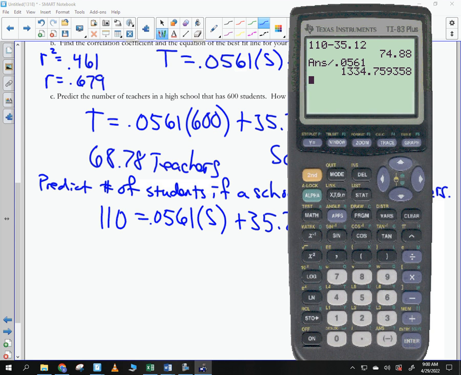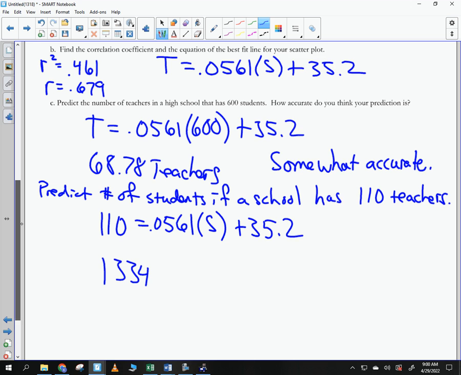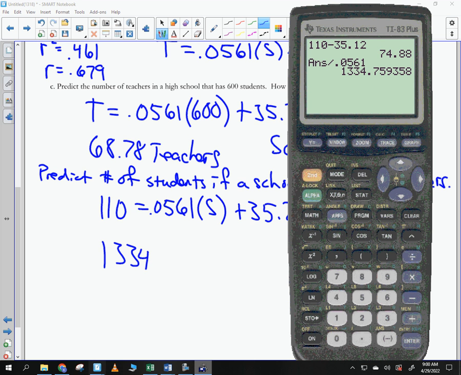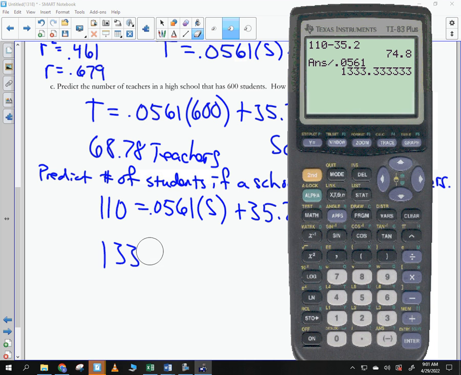And notice you get 1,334. Oh, it's not? We're close. 110 minus 35.2 divided by 0.0561. There we go. 1333.33.